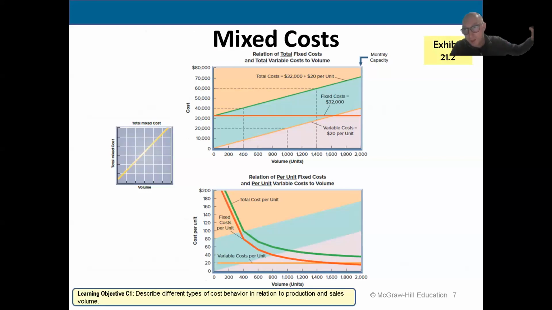The fixed cost part is the $1,000 a month. The variable cost part is the 10 cents per page thereafter. So it'll be 1,000 plus however many pages times 10 cents. That would be an example of a mixed cost.